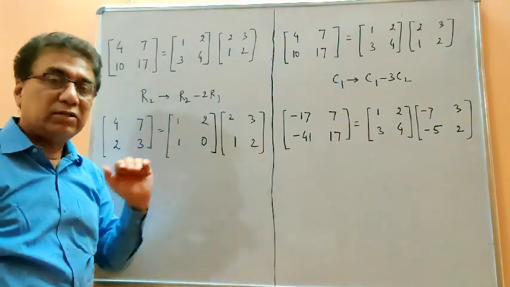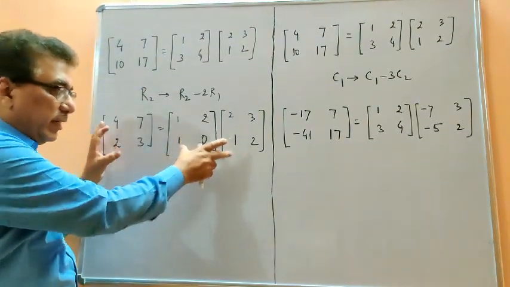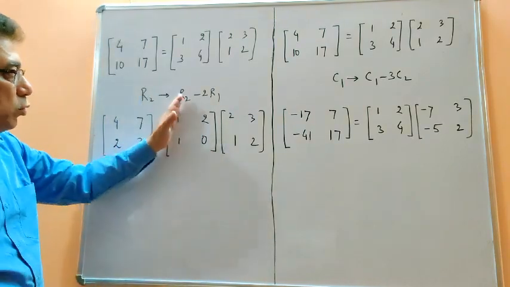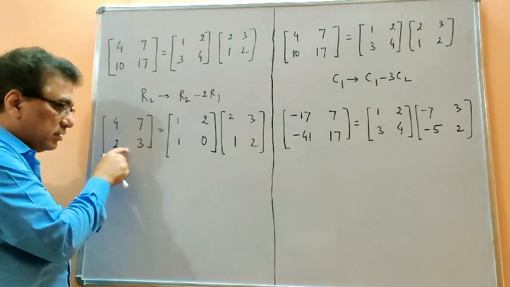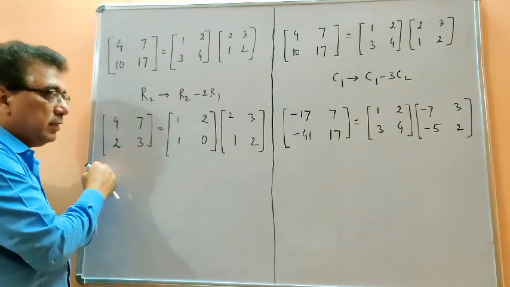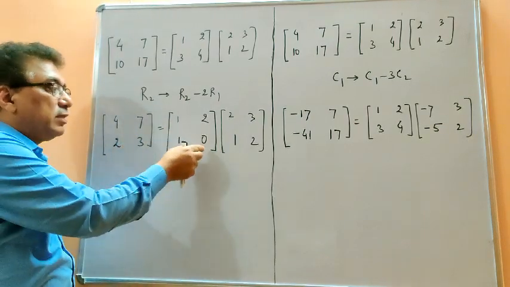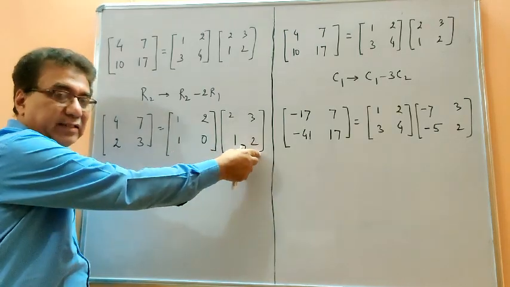But what should be done on the other side so that the equality is maintained? For row transformation, whatever we have done with the matrix on the left hand side, the same we will do with the first matrix, not with the second matrix.